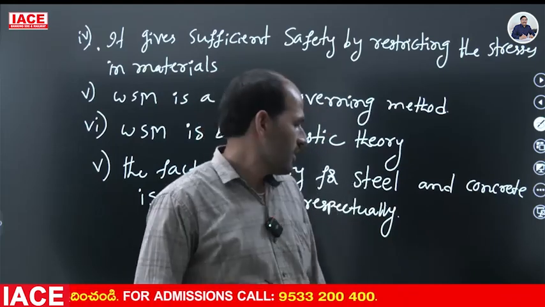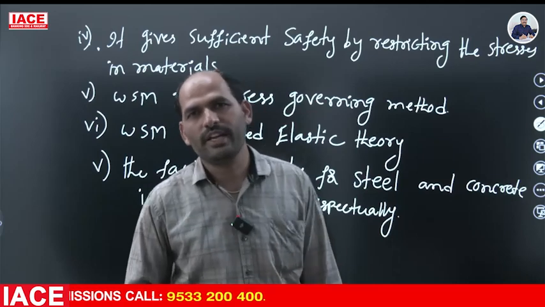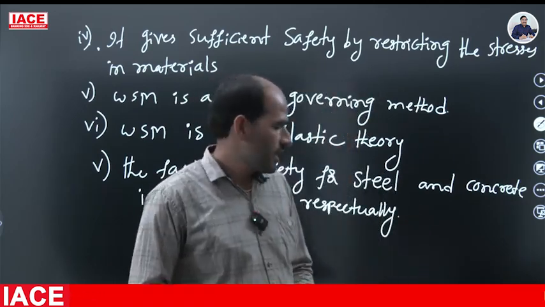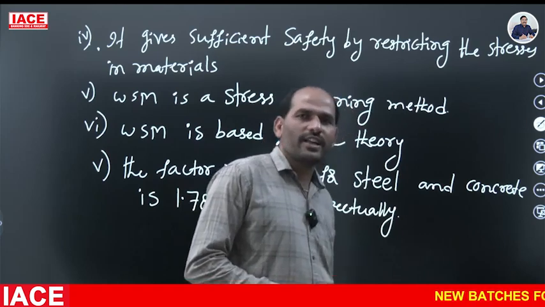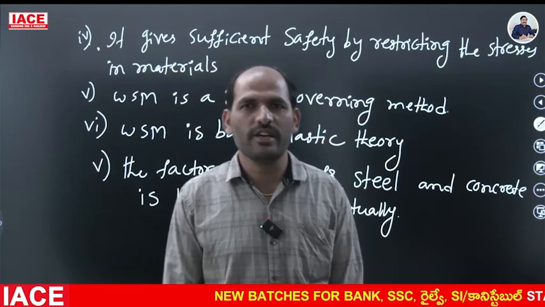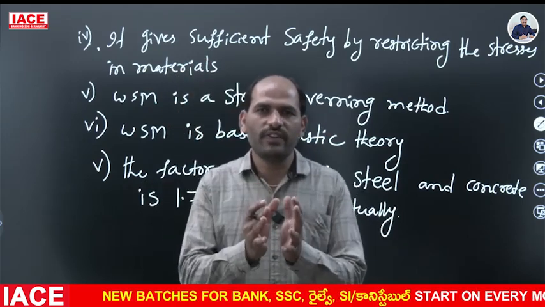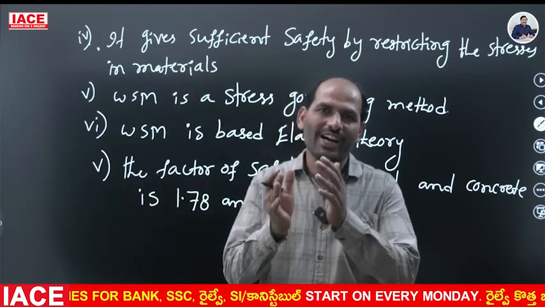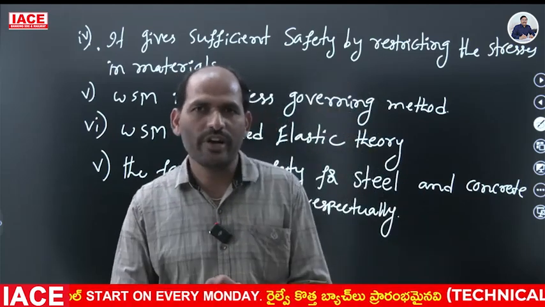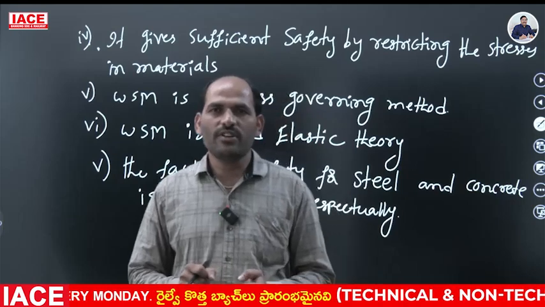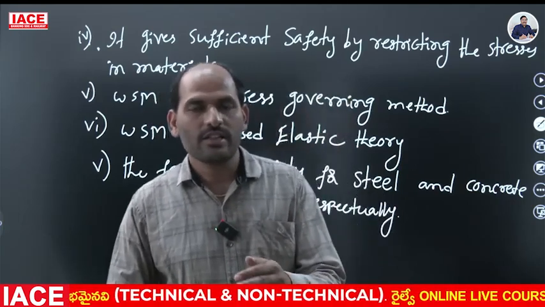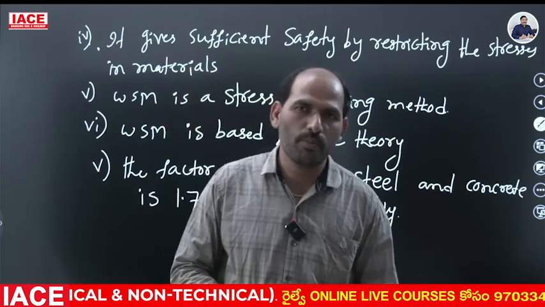But here I have one doubt, that is why the factor of safety for steel is less compared to the factor of safety of concrete. That means the factor of safety required for concrete is more compared to the steel, because in the working stress method the factor of safety for concrete is 3 and for steel is 1.78.